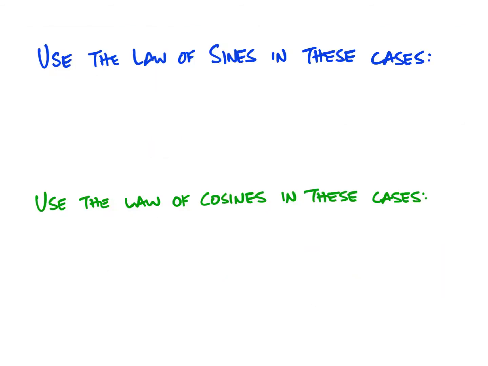So why don't we go ahead and try to figure out under what circumstances we would be able to use the law of sines, and under what circumstances we would have to use the law of cosines instead.